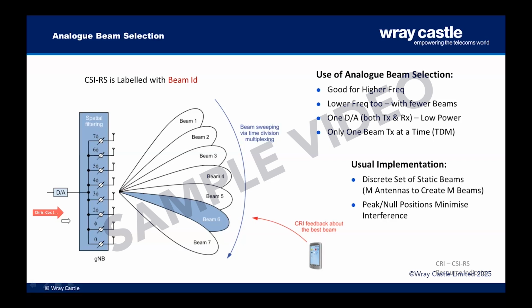So power consumption is a particular problem at high radio frequencies because of the data rates and the D2A converters which are involved. This technique is simple and limits the power consumption and is good at high radio frequencies, for example, at millimeter waves.